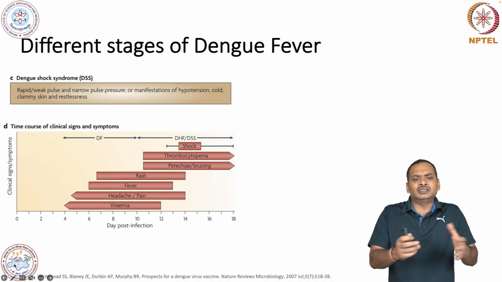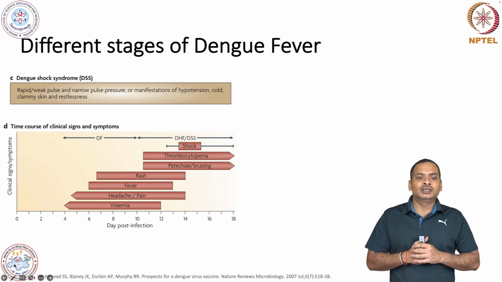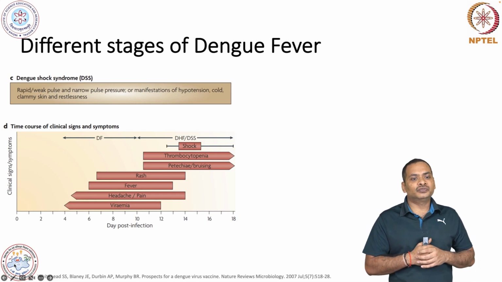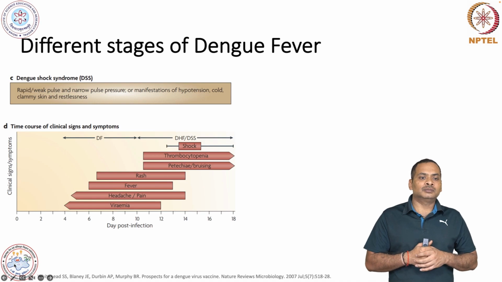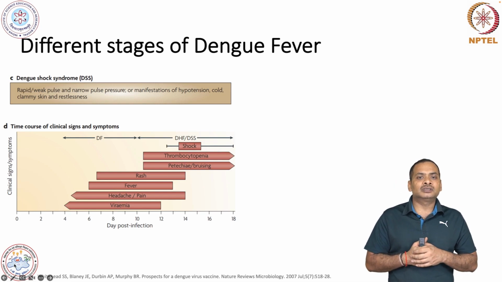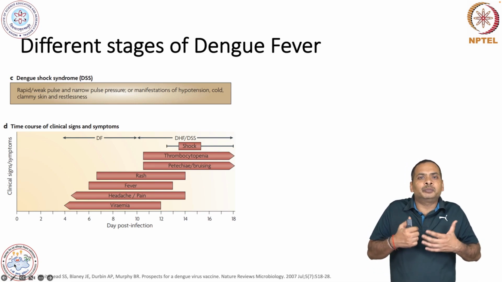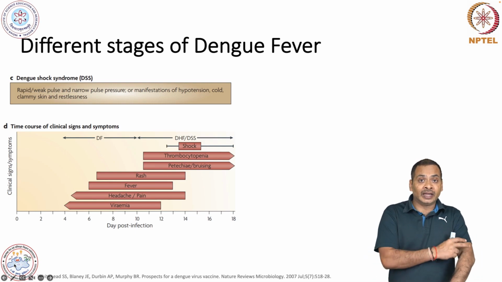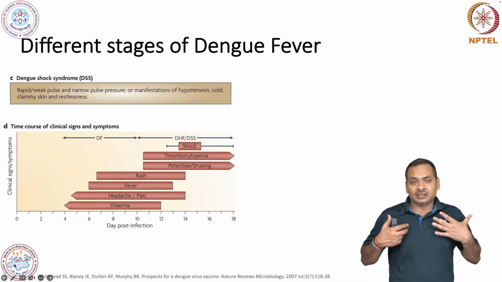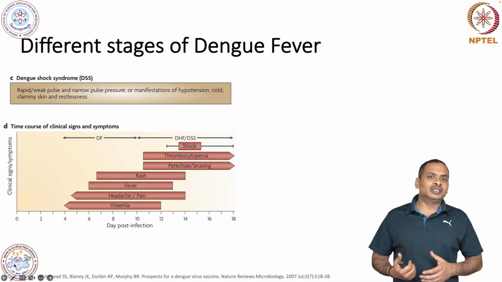And here you can see the time course of these symptoms. Initially the first symptom will be some headache or pain, and then that will be accompanied by fever, and with time there will be the appearance of rashes, mainly on the hands, legs and trunk, on the front side or back side.